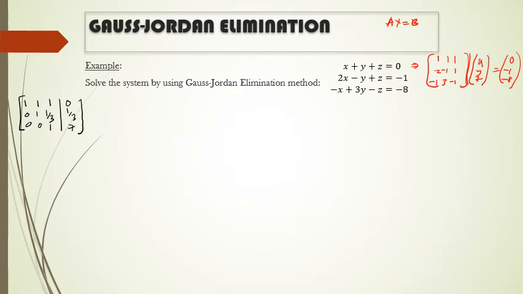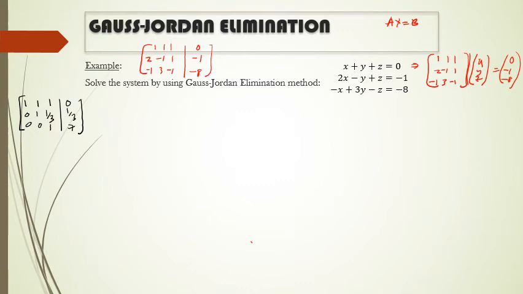So you should start from the augmented matrix, the same as I've shown in the previous example on Gauss elimination.